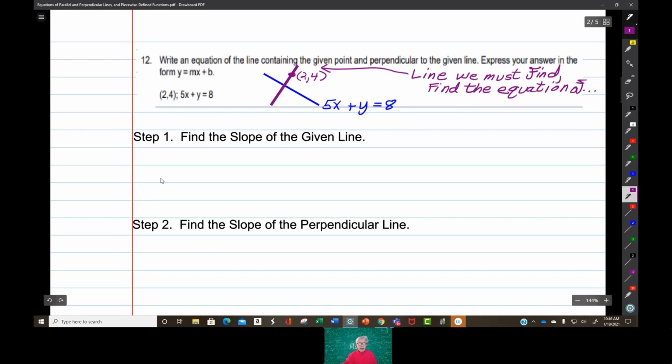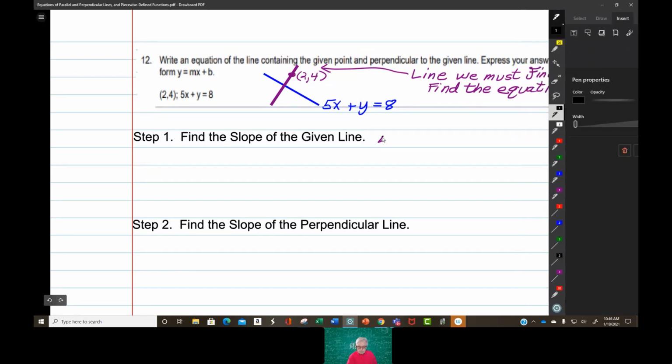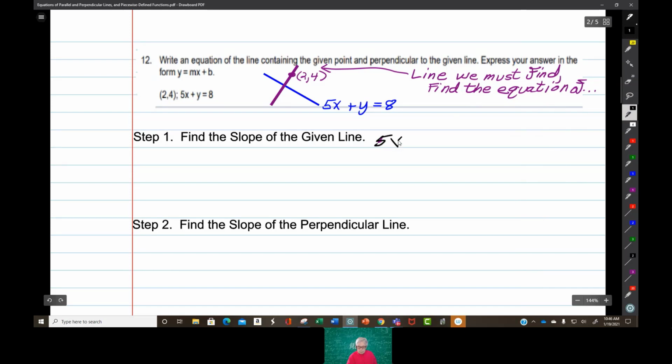All right, so let's do this. Step one, again, is to use the given line to find the slope of the given line. Well, this is going to be pretty easy. All we have to do is subtract 5x.